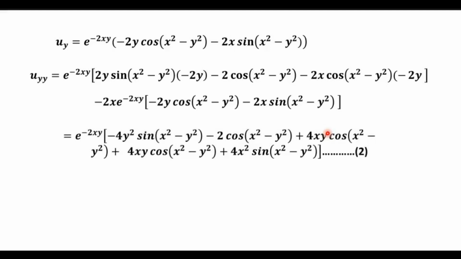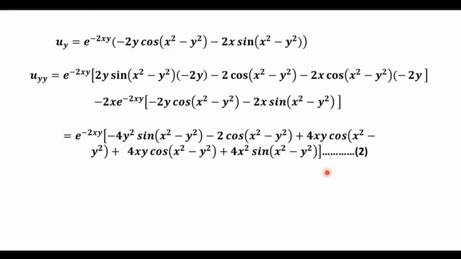If you simplify that, I've taken e raised to -2xy common, so -2y into -2y minus 4y square into sine -2 plus 4xy into cos, minus 2x into -2y will become 4xy into cos, minus into minus is again plus 4x square sine of x square minus y square.